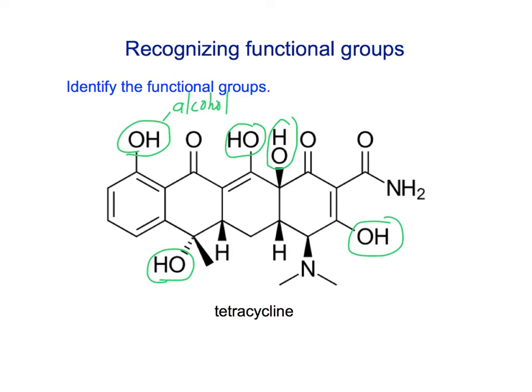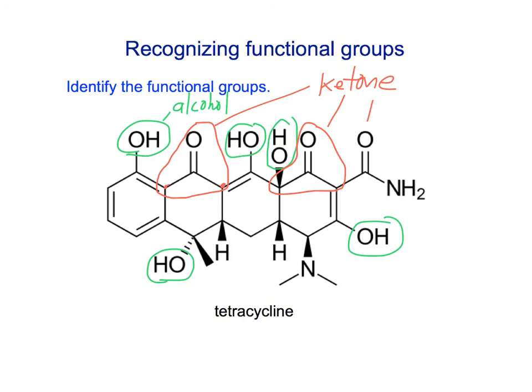What's this group? We'll put the 2 groups attached to it. Right here, it has a carbonyl, and it has a carbon here and another carbon here. Right, so this is a ketone. All right, are there other ketones? Well, here's one right here. What about here?